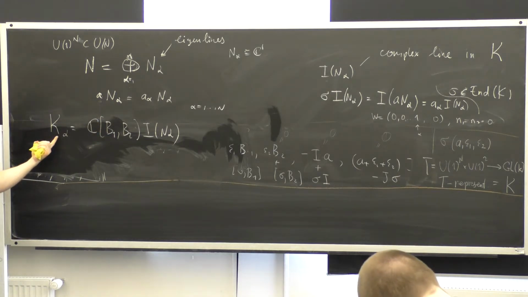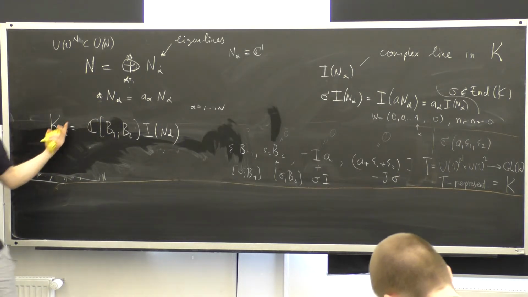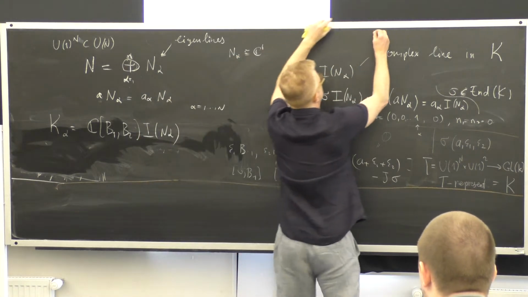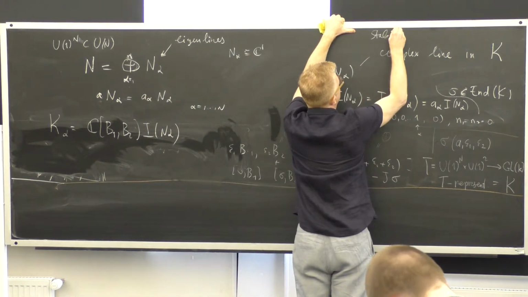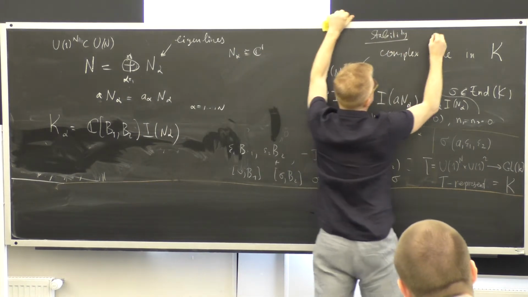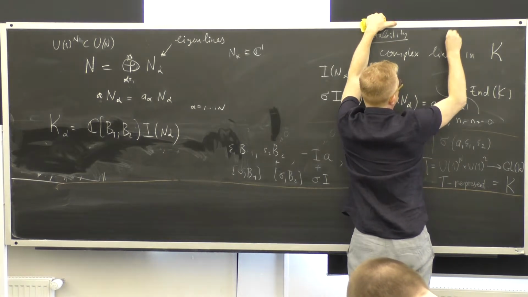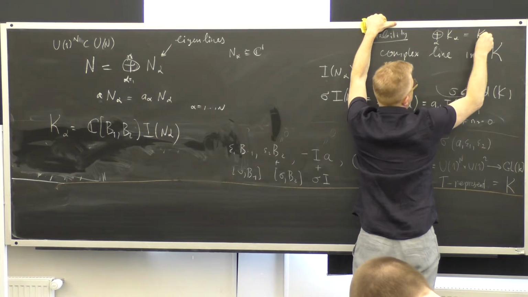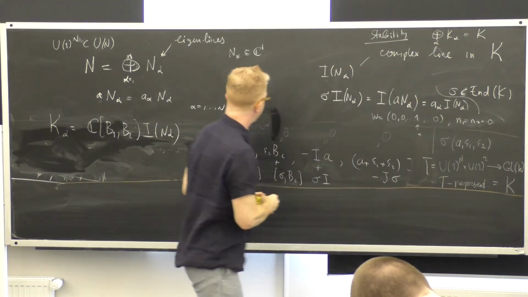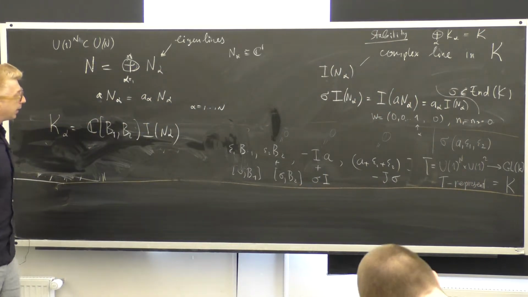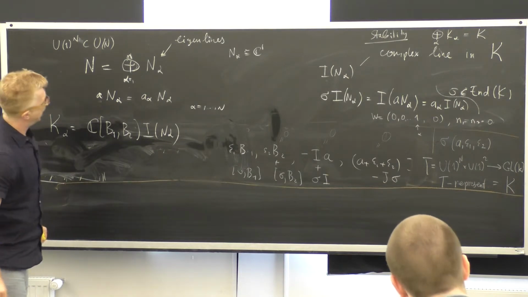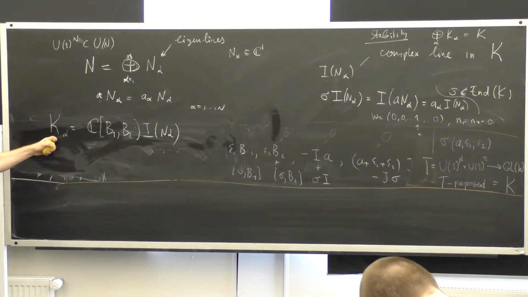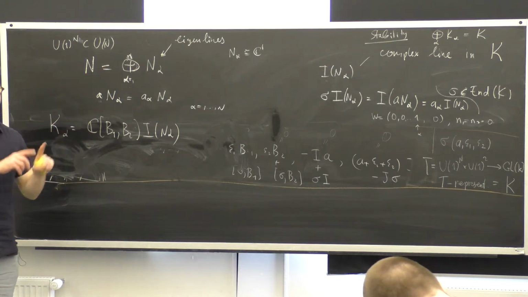So that way you generate some vector subspace, and stability says that the sum of K sub alpha is equal to K. And moreover, for generic a's, these spaces do not intersect. It's actually a direct sum.